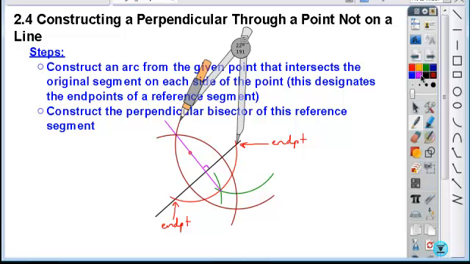Okay, and so again, in looking at this, does my construction confirm that I've passed through the correct point? Yes. It's completely up to you.